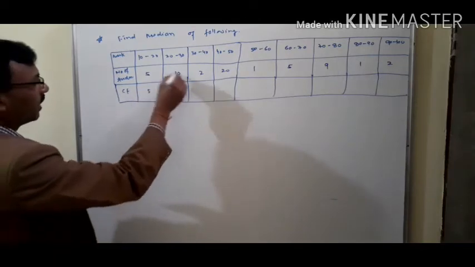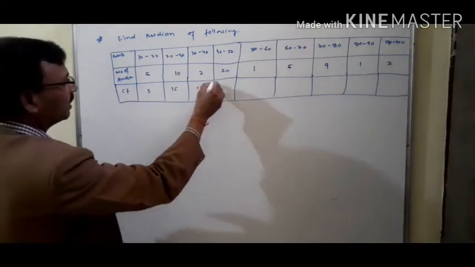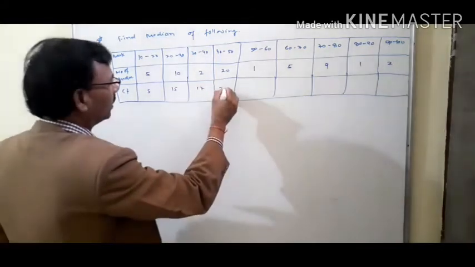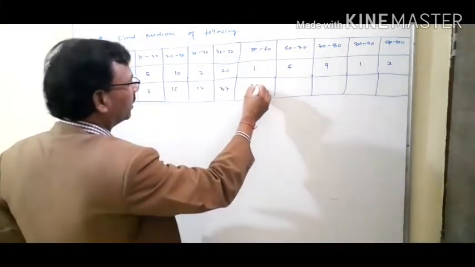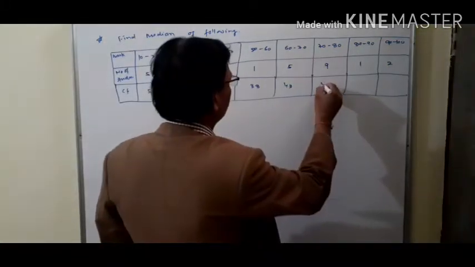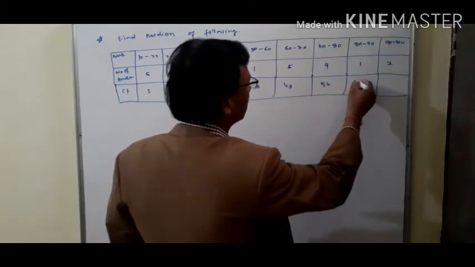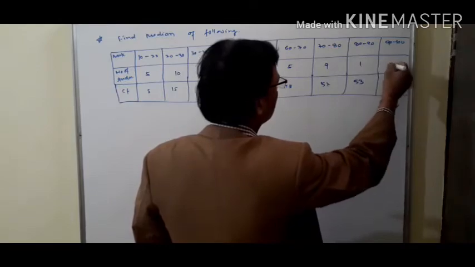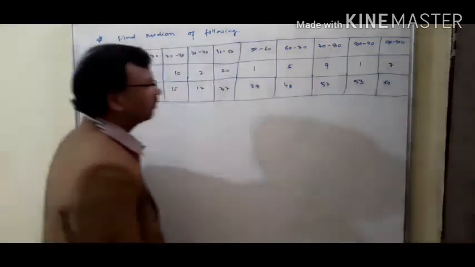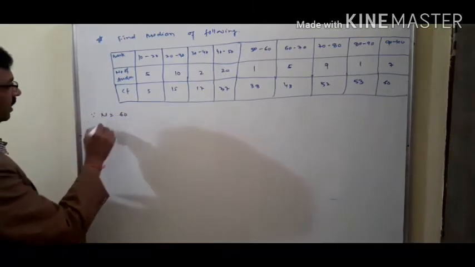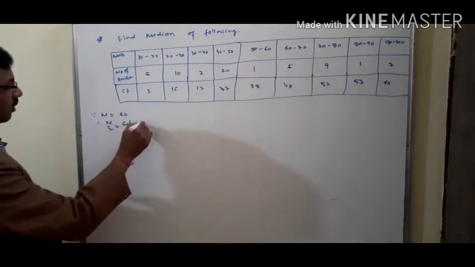This is 5 plus 10, 15, 17, 17 plus 20, 37, 38, 43, 52, 53, and suppose this is 7, so this will be 60. Since N equals 60, therefore n by 2 equals 60 upon 2 equals 30.